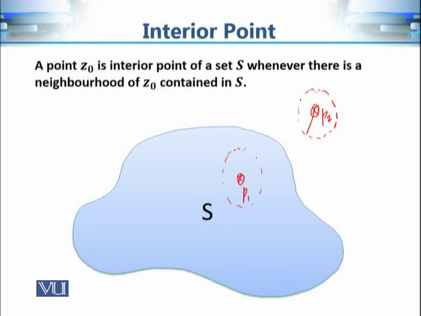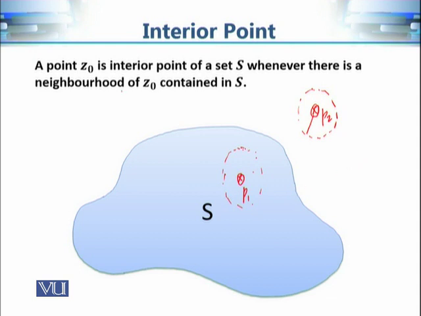But the point is there exists one such open disk that is not contained in S, or even does not intersect S. So a point with this property is called an interior point.